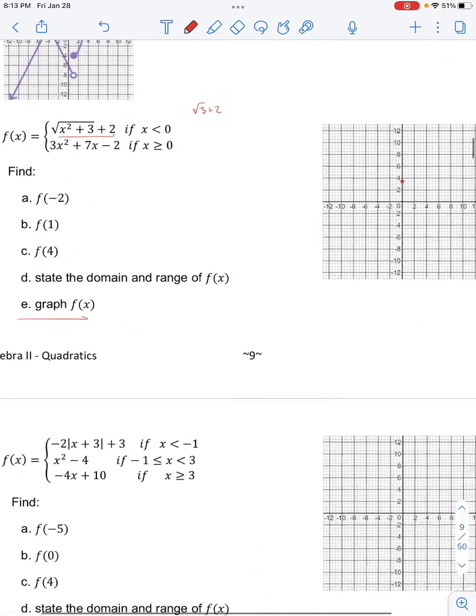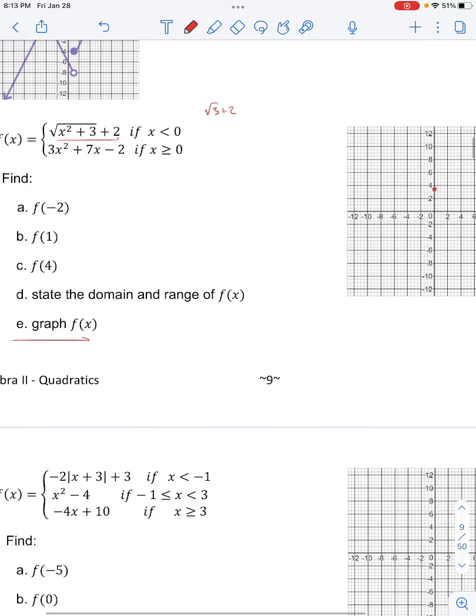Modeling this, or graphing this function to the left, it would look something like this, where, oops, it's not a straight line. It opens like this and almost follows a straight line to negative infinity.